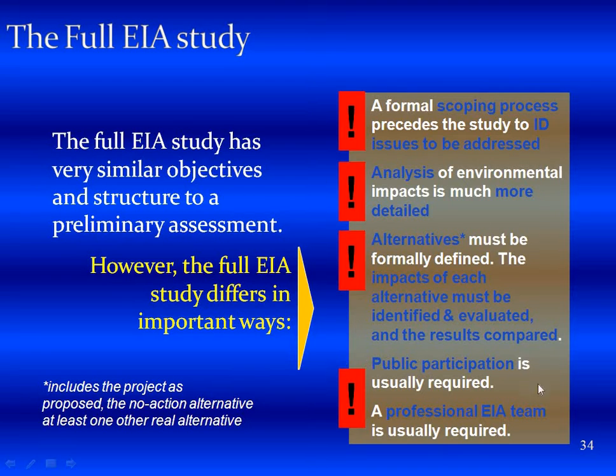Then public participation is required; here the public can be involved, and should be involved. A professional EIA team is usually required, but for the preliminary assessment professional teams are not required. Persons having experience and some expertise can carry it out. But the professional team will be an interdisciplinary team. Here we study interdisciplinary issues; these issues involve multiple disciplines, and they are addressed here.